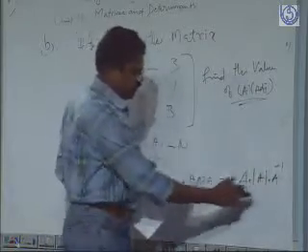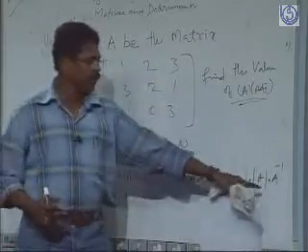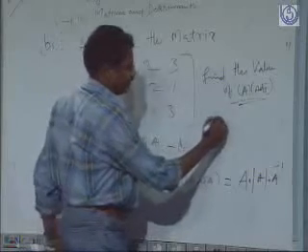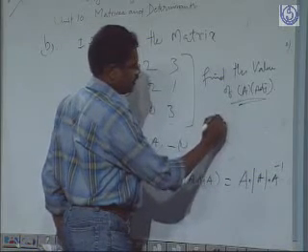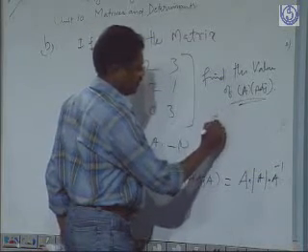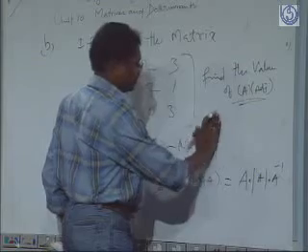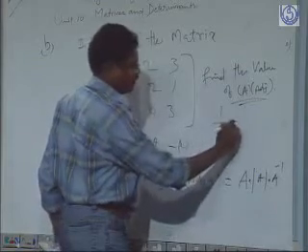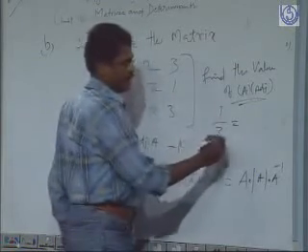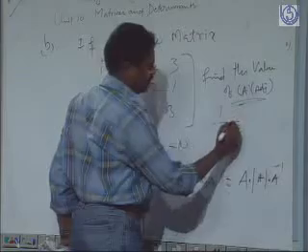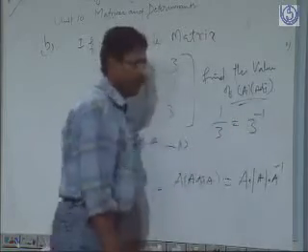Sometimes you can write inverse like this: suppose it is given 3, or sometimes 1 by 3 is given. You can write it in the inverse type, 3 inverse 1.